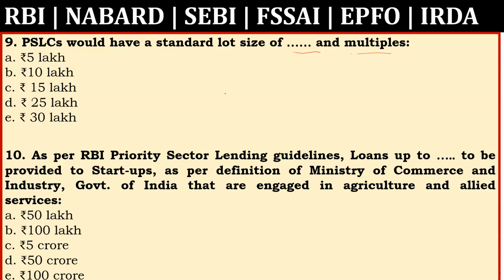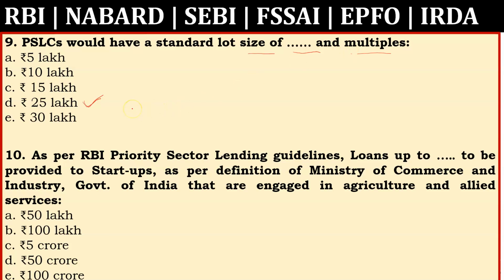A bank can purchase them from other banks that have lent to the priority sector in excess. The standard lot size will be 25 lakh rupees and multiples.